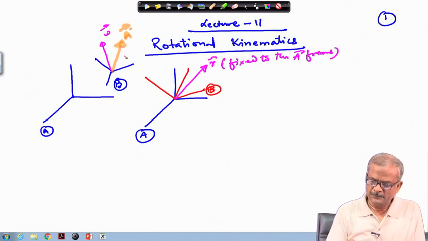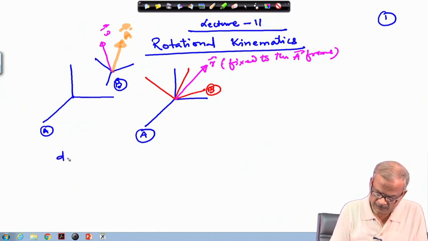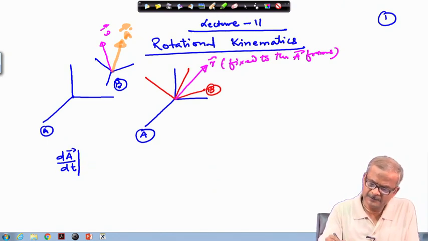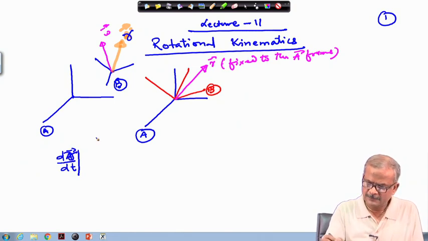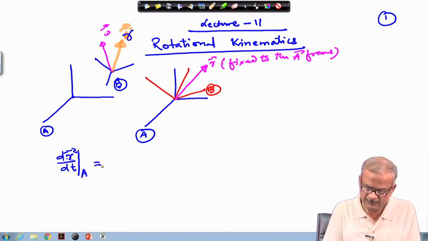So, if the B frame is rotating, then let us say this is the r vector. dr by dt with respect to the A frame will be written as dr by dt with respect to the B frame plus omega cross r.